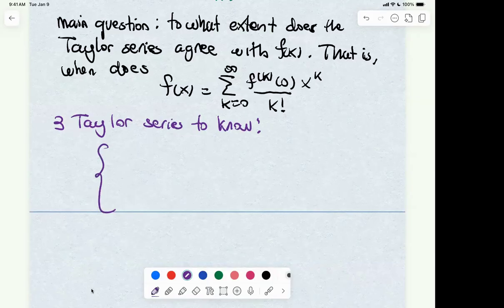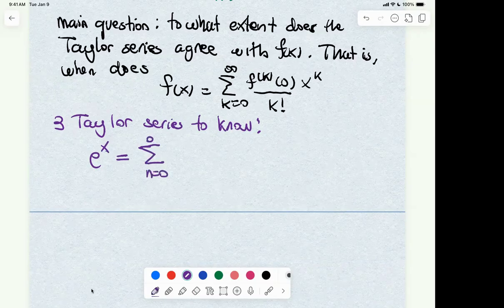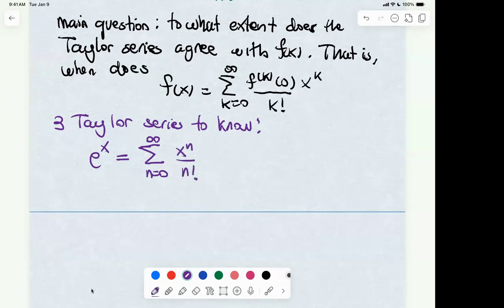So the first one is the Taylor series for e to the x, which I think I have written before. I'll write it like this, but this is a super important one. And it's always useful when you write a series to write out the first few terms just to see how it looks.